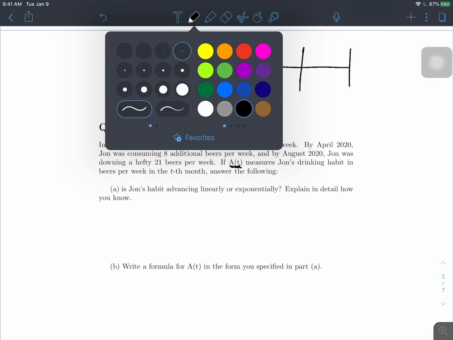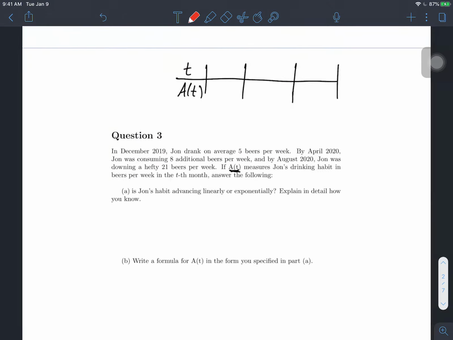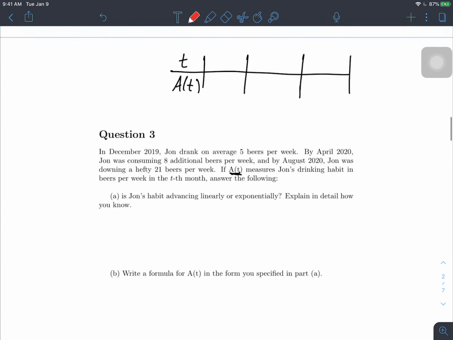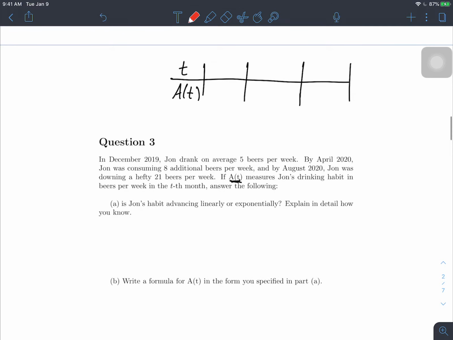Half of this problem is really just figuring out how we should fill this in. Now, remember, we always think of our starting time as being t equals 0. Our starting time in this problem is December 2019, okay? So, at time t equals 0, John drank on average 5 beers per week. So I'm going to put a 5 in here.